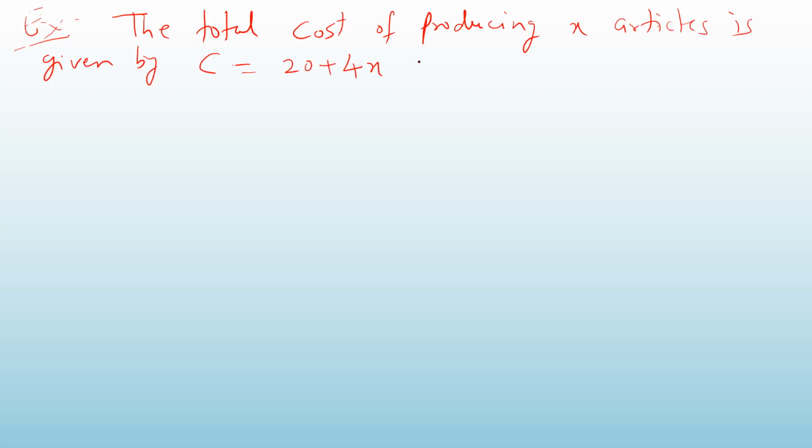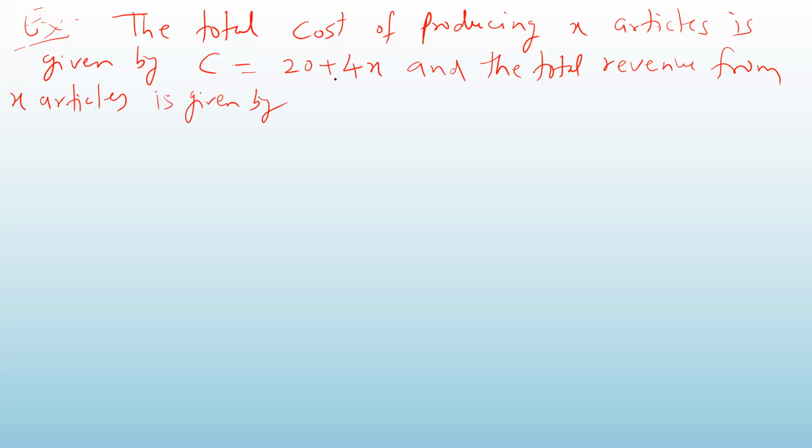And the total revenue from x articles, revenue depends upon the demand, correct, is given by R equal to 30x minus x square.